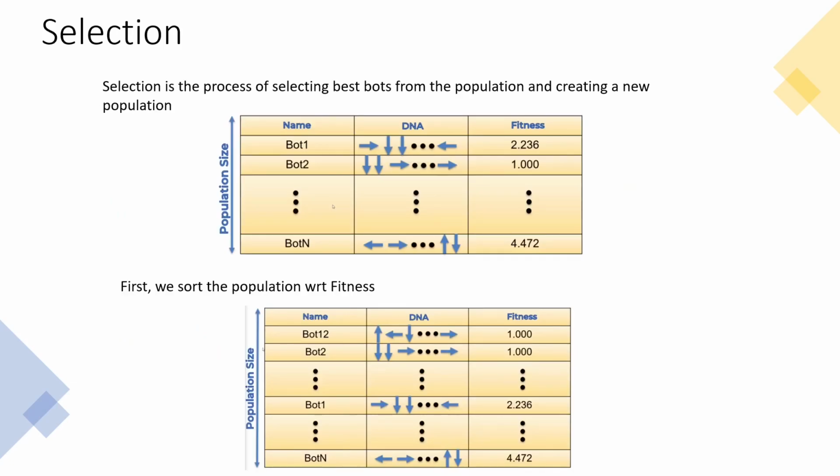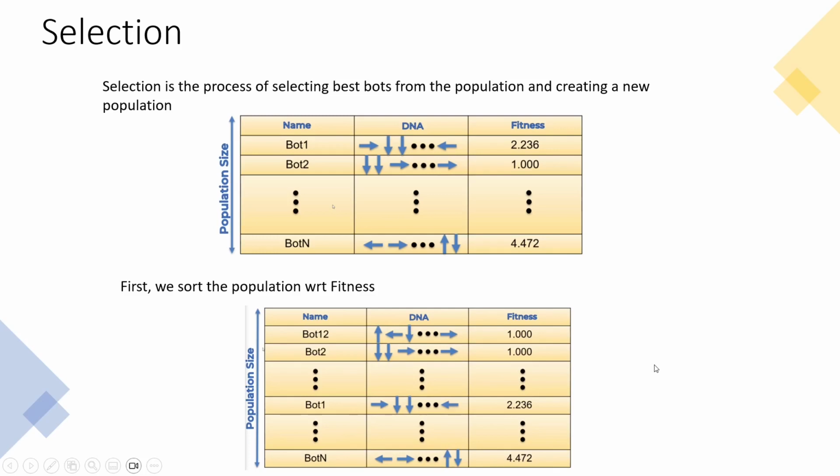Now we have a population. We need a selection mechanism to create the next population, because we will have iterations on this population. The idea behind selection is we first find the fitnesses of our bots, and then we sort them with respect to their fitnesses.